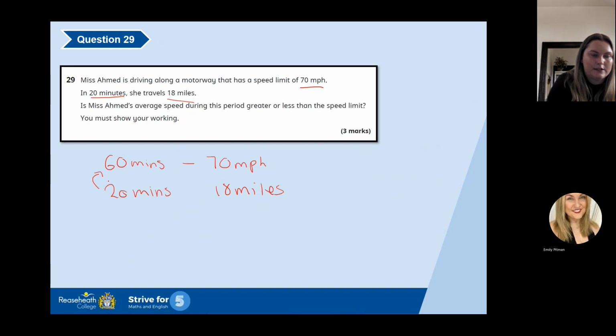So you can say to get to the hour or the 60 minutes, I would times it by 3. So let's do the 18 times 3, which on the calculator is 54 miles per hour. So that is slower than 70 miles per hour. So she's going less than the speed limit.